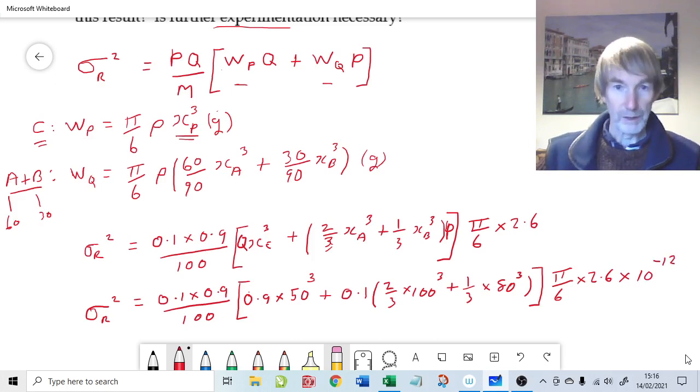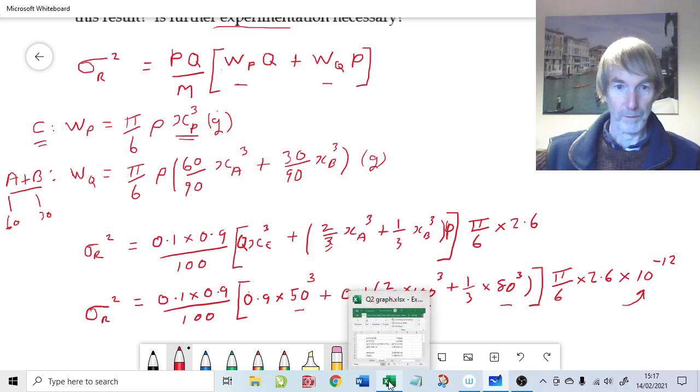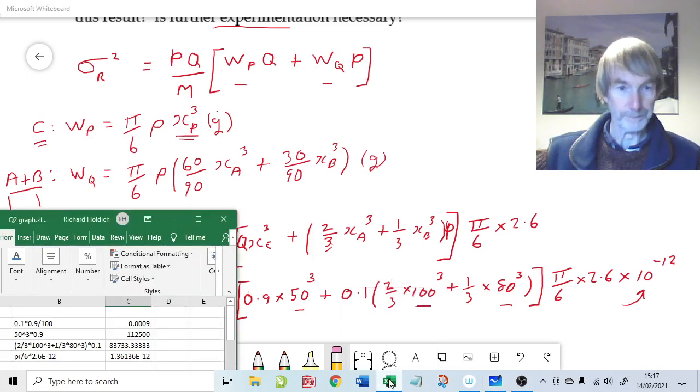I could leave all these 10 to the minus 4s in here for these different particle sizes, but if we do that, the numbers just become crazy. So it's quite straightforward to just take that out and call it 10 to the minus 12 there. Well, there's a lot of calculation to do, so clearly we're going to use Excel for this. So let's pop over to Excel.